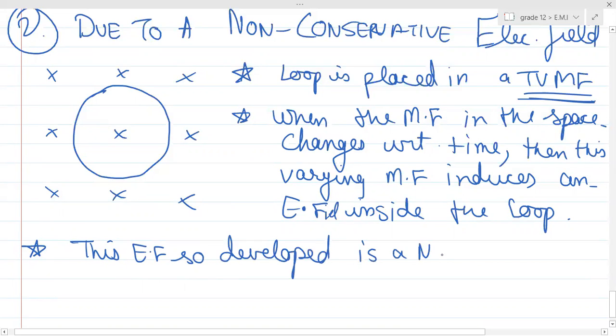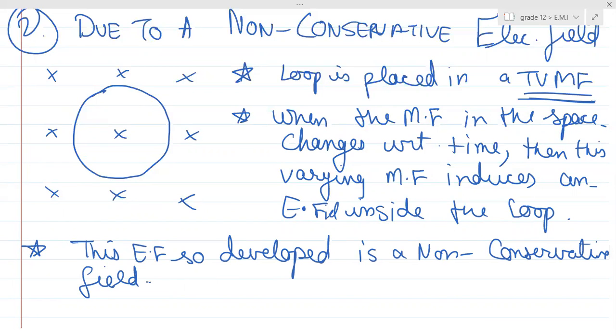It is a non-conservative field. What do you mean by non-conservative field? It means the work done will depend upon the path, right? Generally, electric fields are conservative in nature, so the work done doesn't depend upon the path. But this electric field which gets induced will be a non-conservative field.